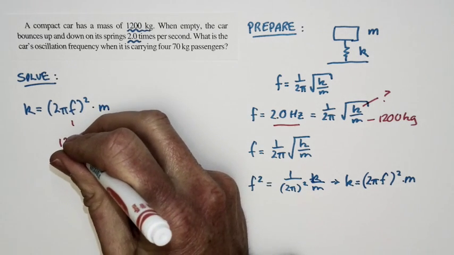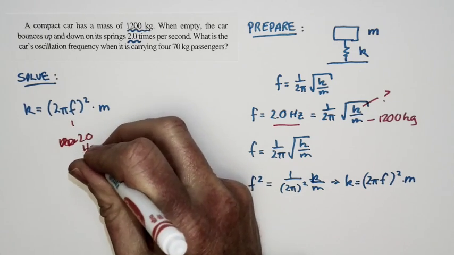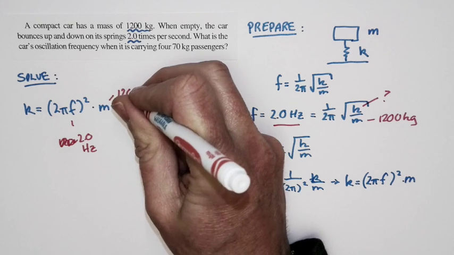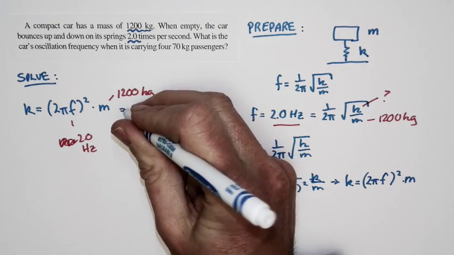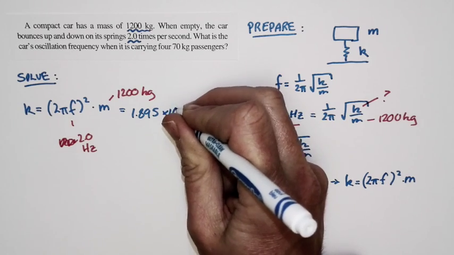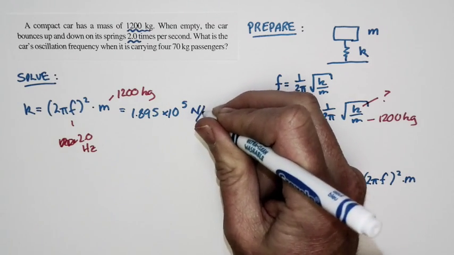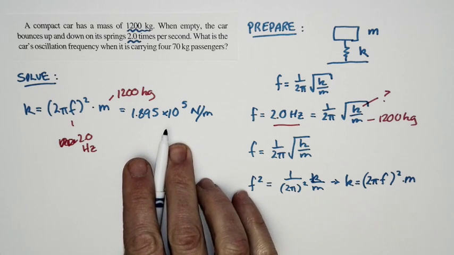When it's empty, the frequency is 2.0 hertz. The mass is 1,200 kilograms. And so I solve for the spring constant. If I do that, what I get is 1.895 times 10 to the 5th newtons per meter. Now I'm keeping extra significant figures because this is the intermediate stage of the calculation.